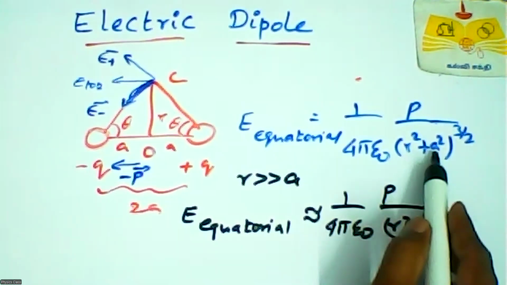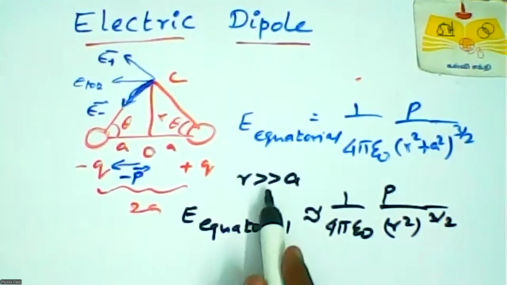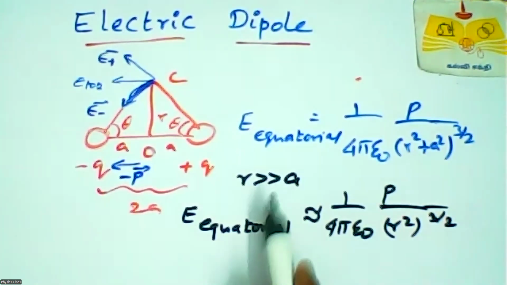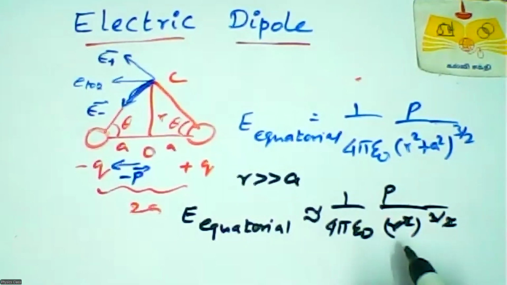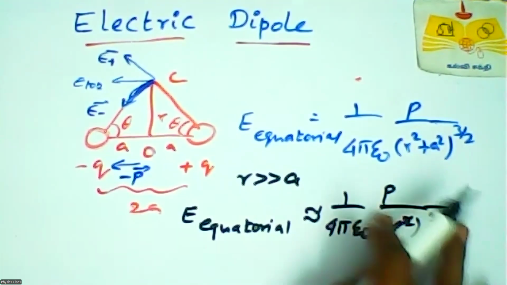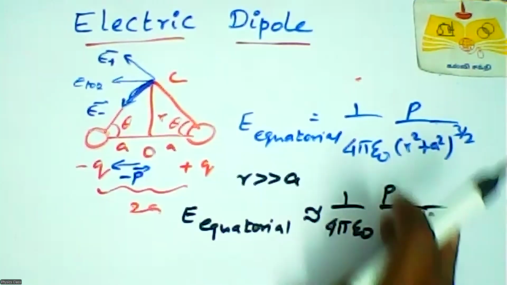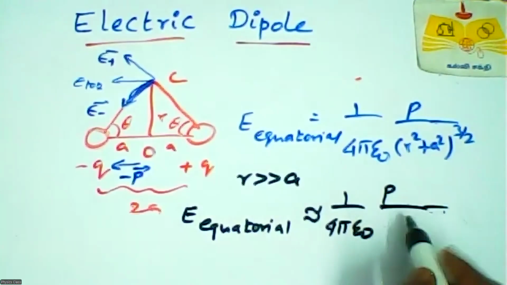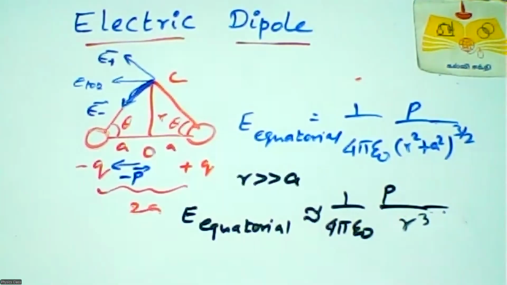We can neglect the A because already you know that R is much greater than A. So the square cancels. So R cube. So this is the expression for the electric field due to the equatorial line. Okay. 1 by 4 pi epsilon naught P by R cube.